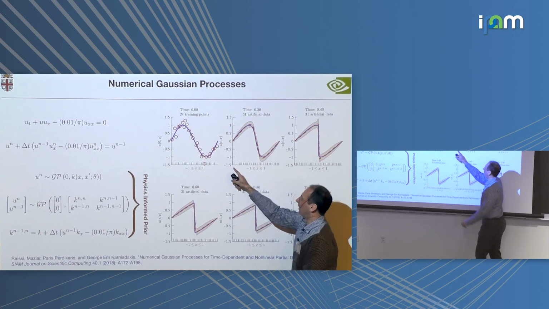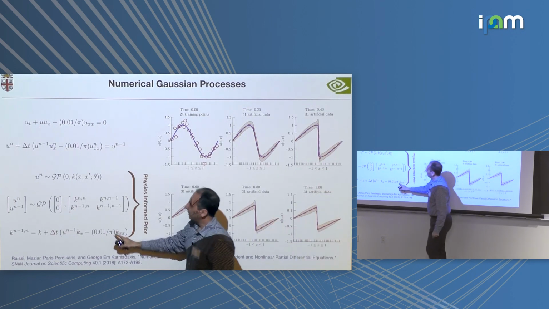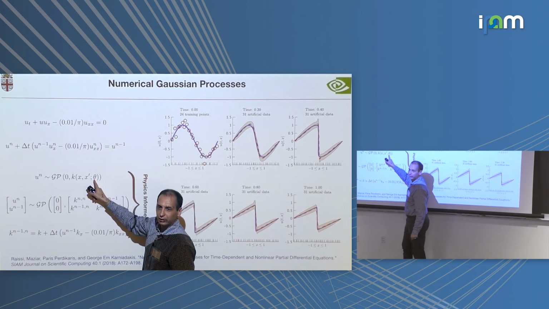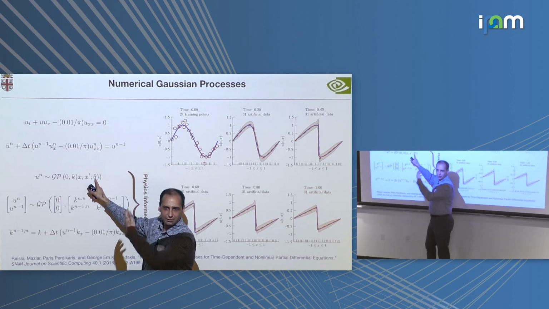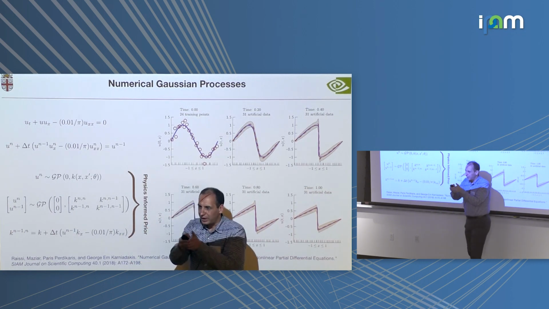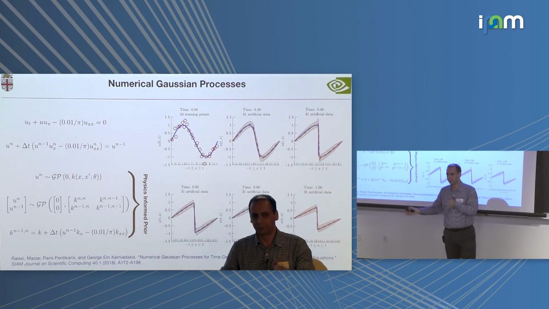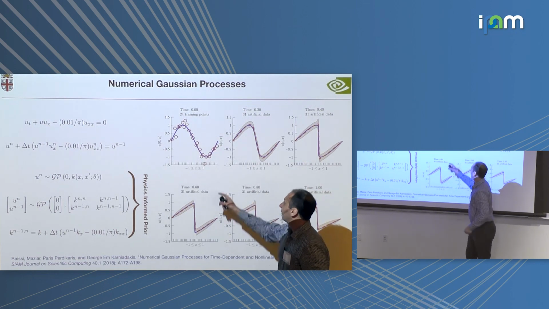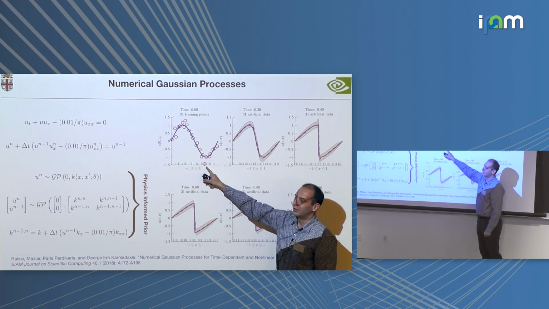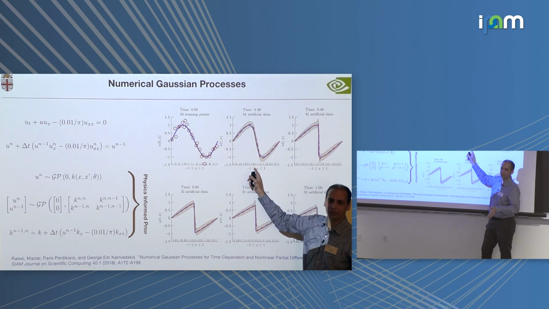Given this data and boundary condition, we are going to train the hyperparameters of this Gaussian process. And the training is done using maximum likelihood. Basically, we are finding the best basis function among all those possible best prior. We find the best prior, then we do prediction into the future by conditioning on the data.